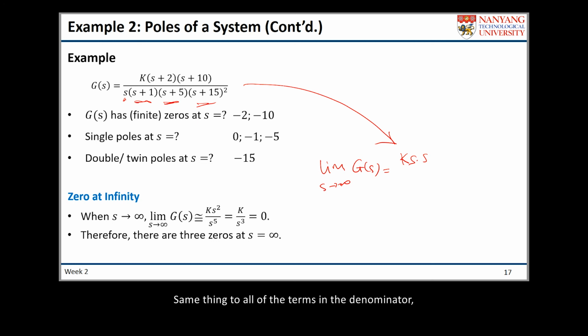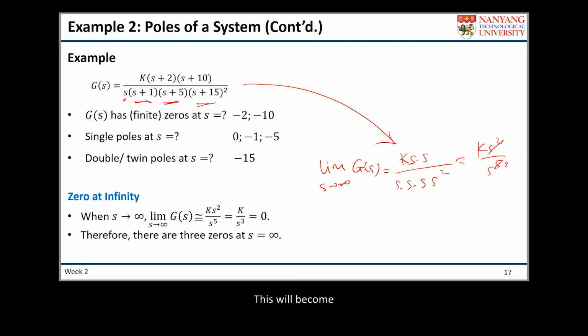Same thing for all of the terms in the denominator. s is s, s plus 1 is also s, s plus 5 is also s, s plus 15 is also s, but I have s squared there. So I have K s squared divided by s to the power of 5.